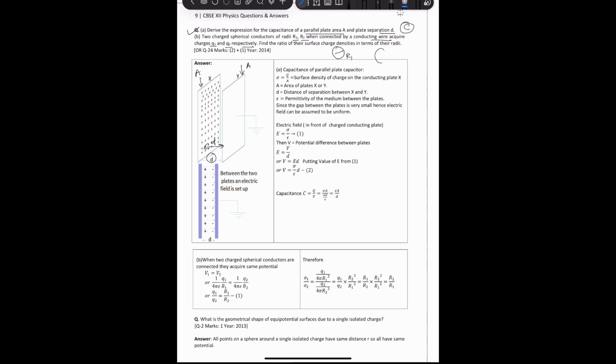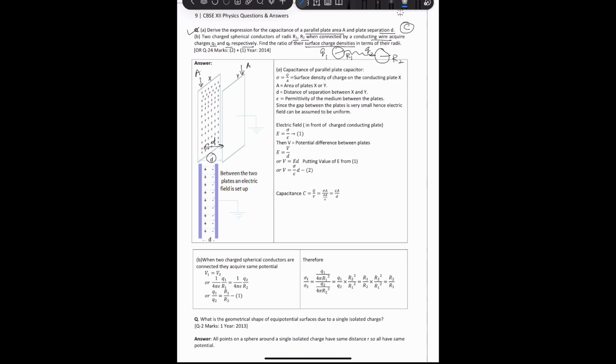One is R1, other is R2. Now the initial charges are Q1, Q2. Now when they are connected, charges flow from higher potential to lower potential till their potentials are the same. At that point of time, you have to find the surface charge densities. Okay. So let's do it.